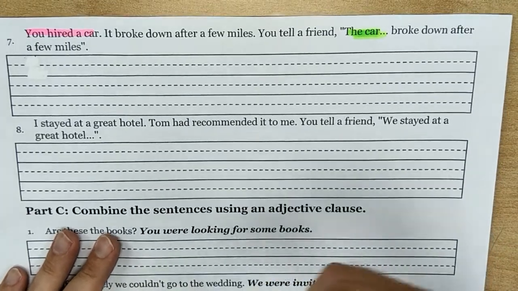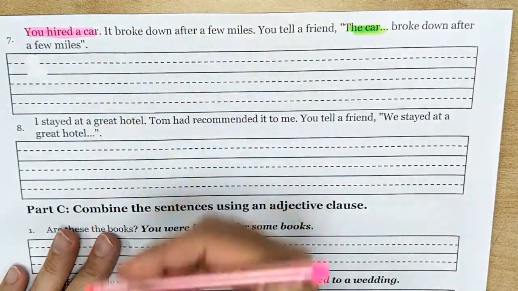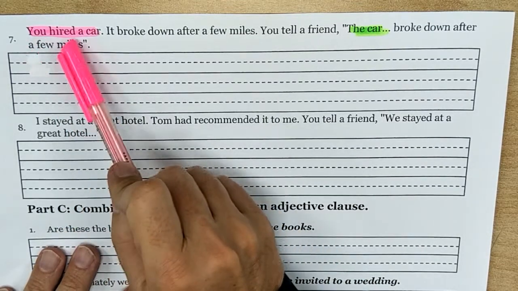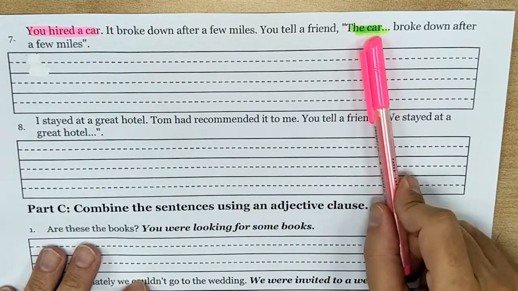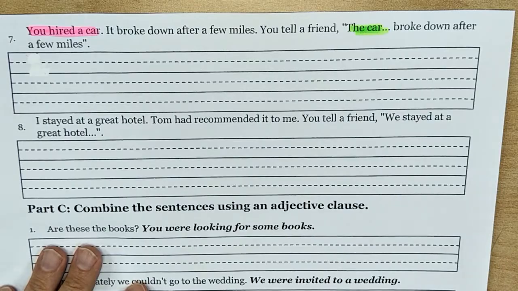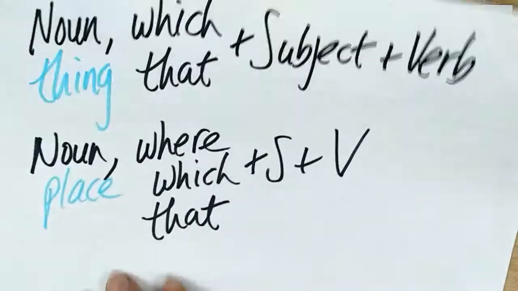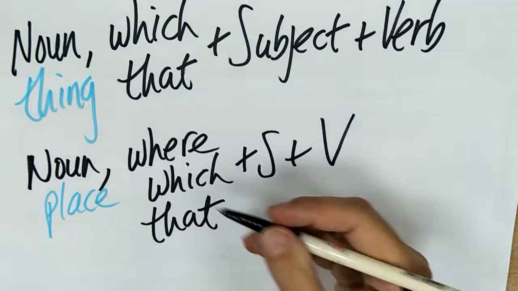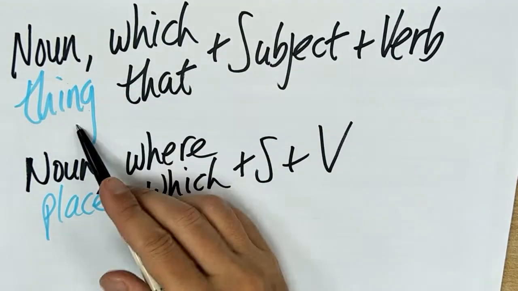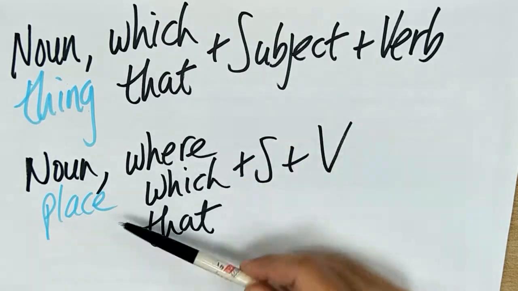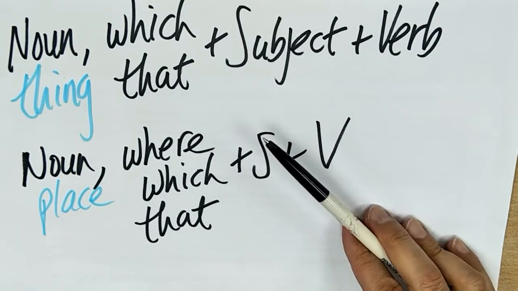Well, you hired the car. So we're going to use this sentence, you hired a car, to describe that car. Car is a noun. Car is a thing. So we can use marker which or that, subject plus a verb.